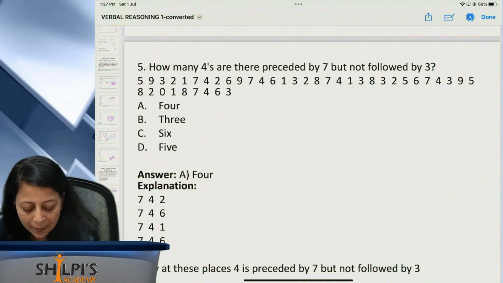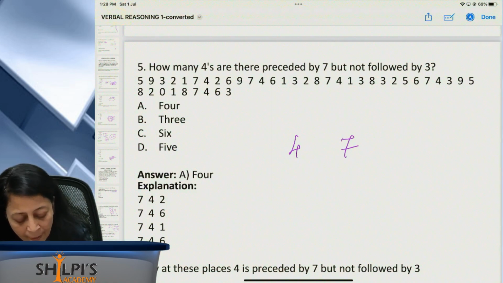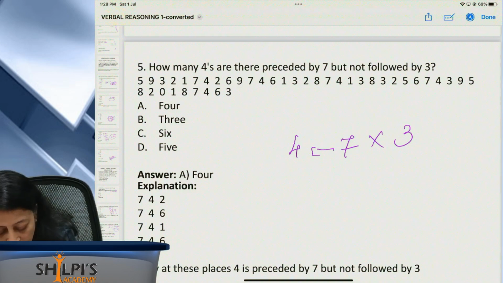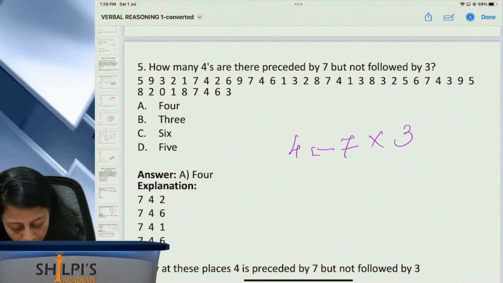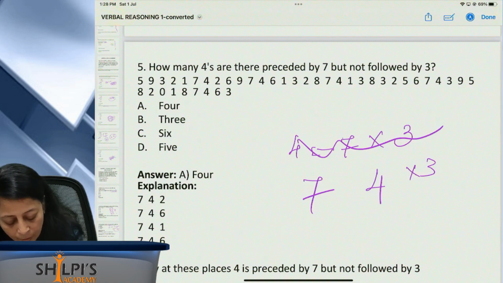How many 4s are there preceded by 7 but not followed by 3? So it should be 7, 4 but not followed by 3.